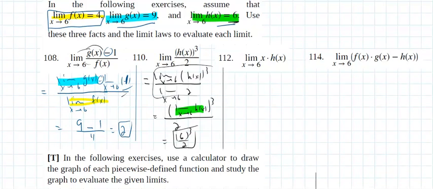That's 6 times 6 times 6. 2 divides 6 3 times. So that's 36 times 3. I don't know what that is. 108. Okay.